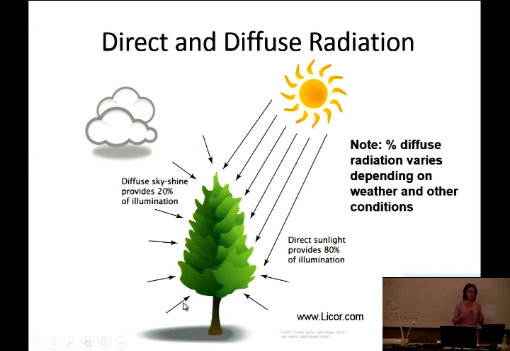So the diffuse light is supporting the shaded part of the plants. Diffuse light can go deeper in the canopy or behind the plants. So that's the diffuse light, all right?